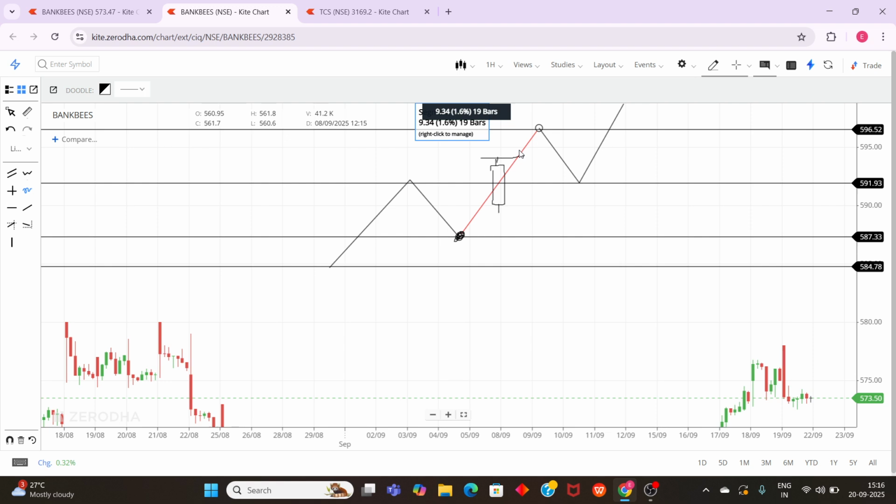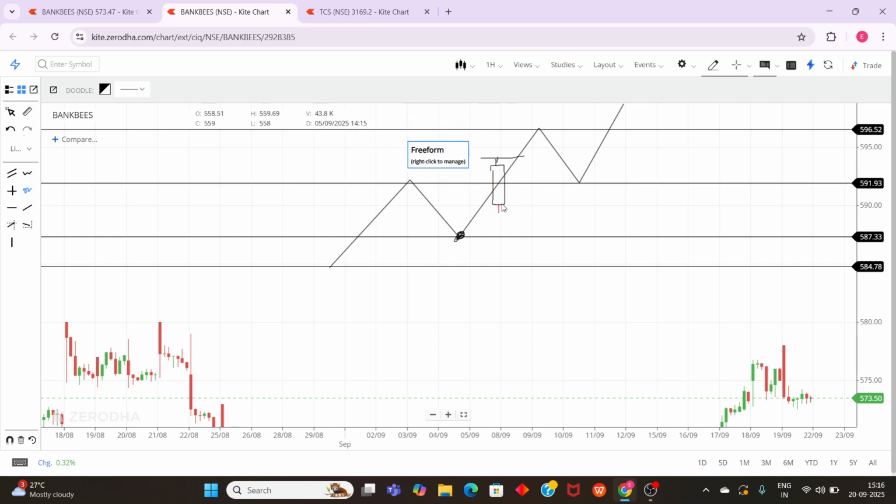Let me explain once again. I have drawn the higher high pattern here, and this is the pattern, right? You will be waiting for the candle to break the previous high. Once the 1 hour candle breaks the previous high, wait for the candle to close above the previous high. The closing of the candle has to be higher than the previous high.